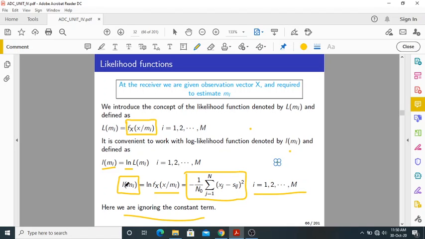Now this is the likelihood function. Nothing to worry about. Likelihood function means take the logarithm of the conditional PDF of x.